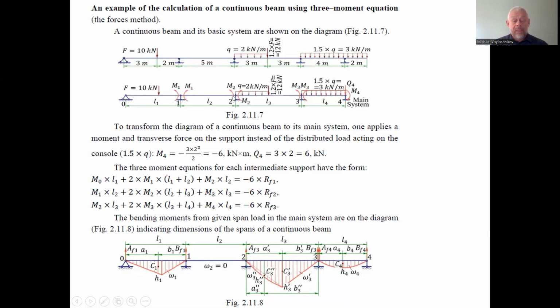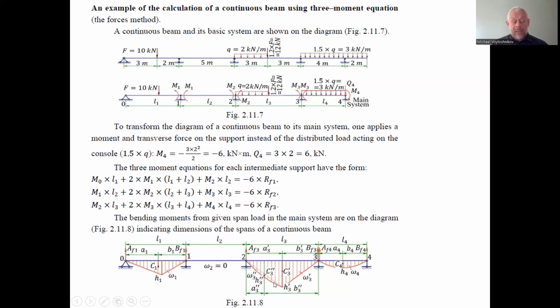On span number 3, to the left from hinge number 3 and supporting link number 3, we have the superposition of 2 bending moment diagrams: one triangle diagram, and one very small segment from the diagram of the distributed load, of parabolic shape. So it is not definitely a geometric triangle, but a triangle with some adjustment.